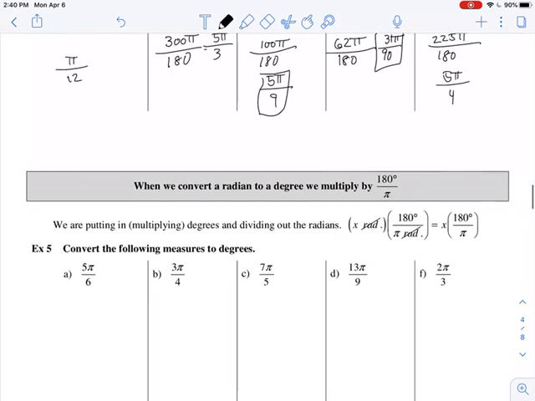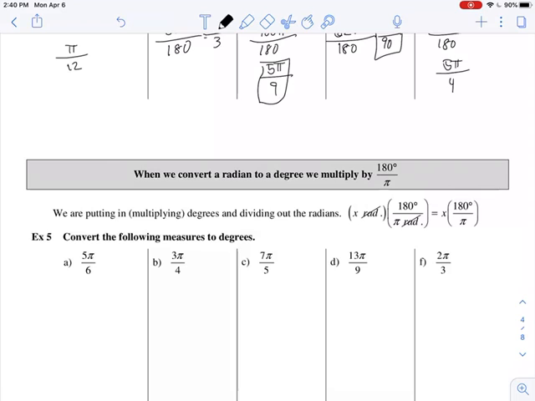When we go the opposite direction, we're just going to flip what we've been multiplying by. All right? So now when I want to go to degrees, I'm going to go 180 over pi times 5 pi over 6. My pi's will cancel, which if I'm going to degrees, I probably don't want that pi in there, right?